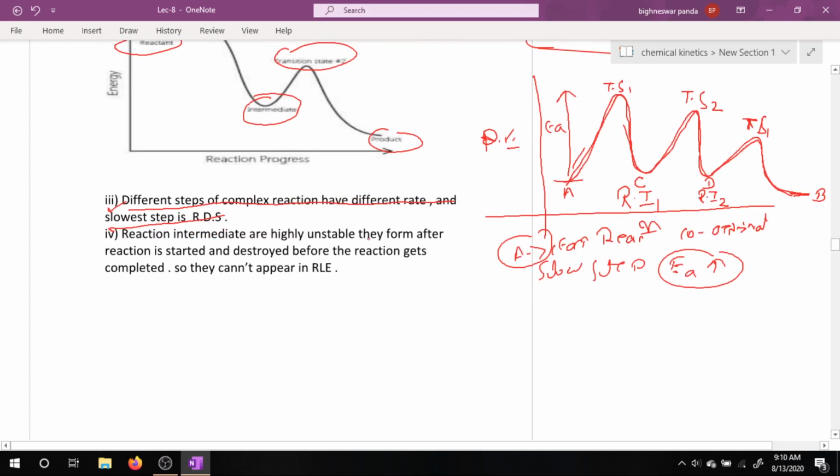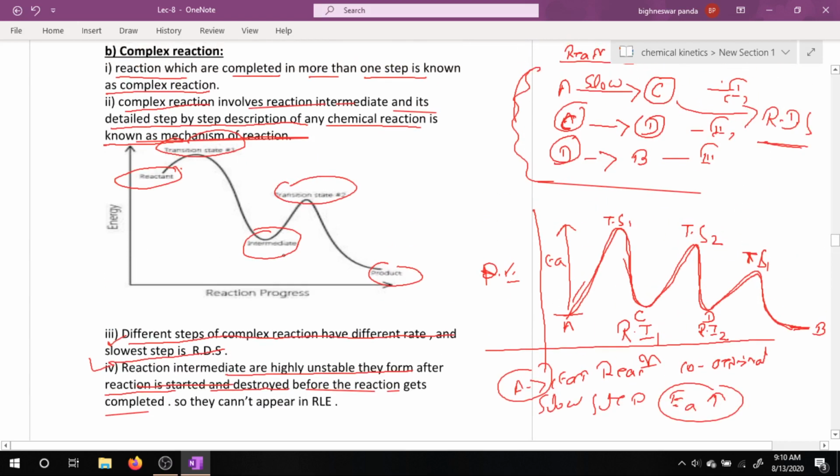And coming to the next part, reaction intermediates are highly unstable. They form after the reaction has started and are destroyed before the reaction gets completed. So here the reaction intermediates C and D are highly unstable.